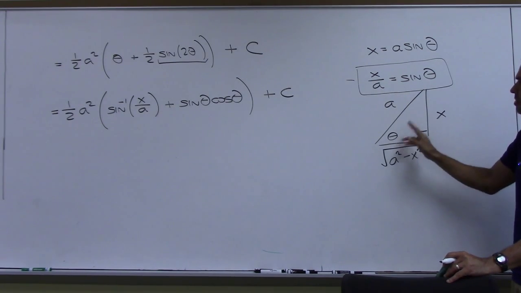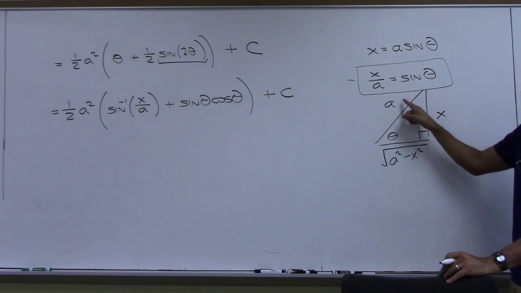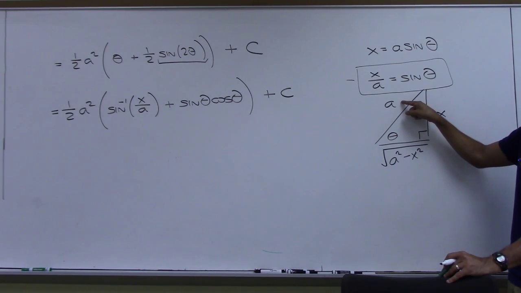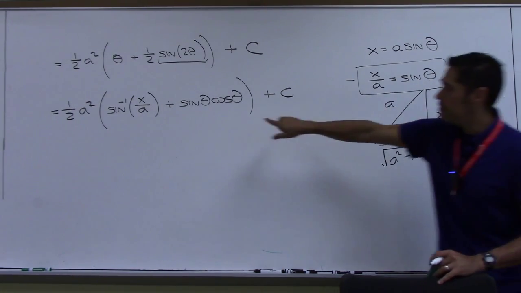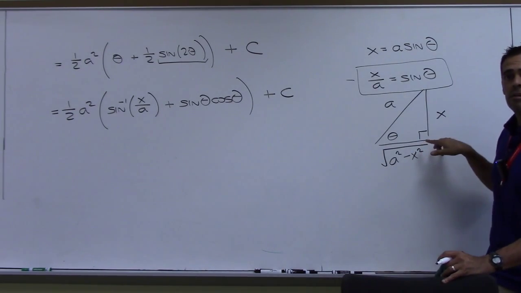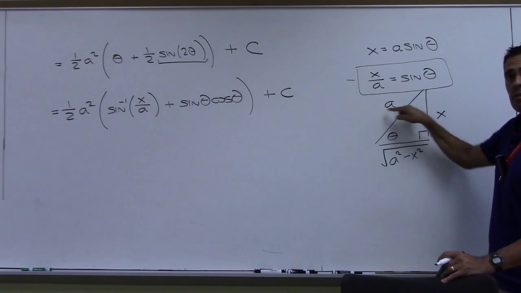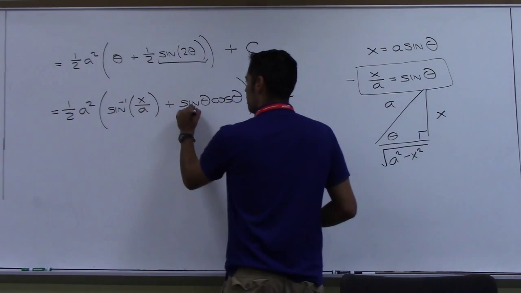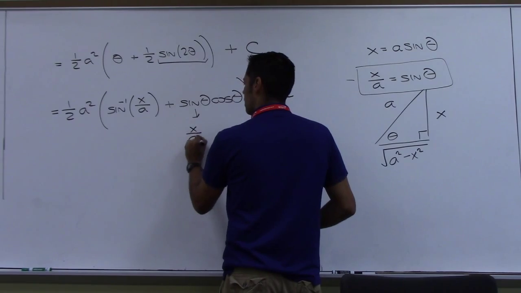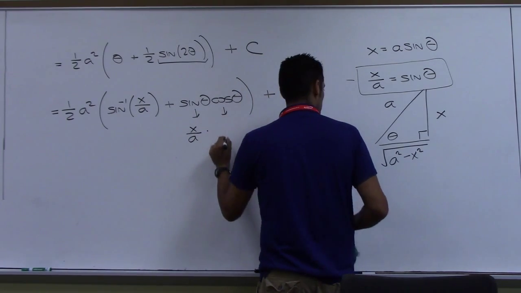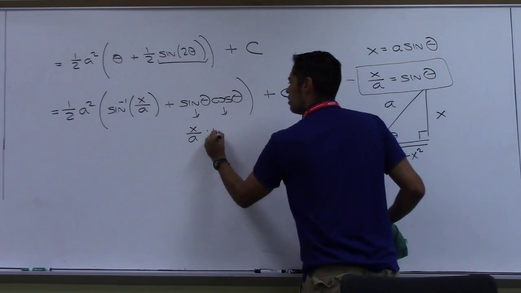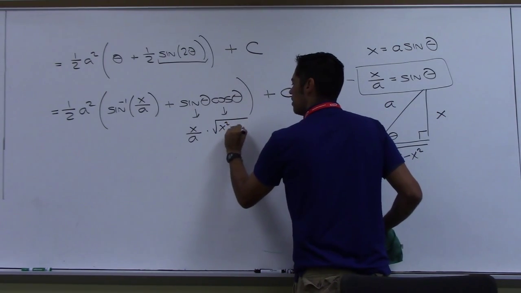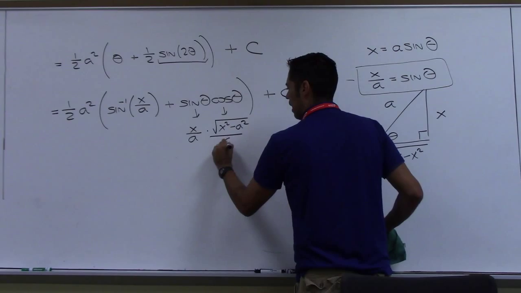If you look at this triangle, sine of this angle is this over this. Cosine is which side over which side? Adjacent over that, right? So you can get those two pieces of information from this triangle right here, right? X over a is your sine. So this is going to become x over a times, and then the cosine. Ruben, you understand? Okay, this side over this side. So square root x squared minus a squared over a again.